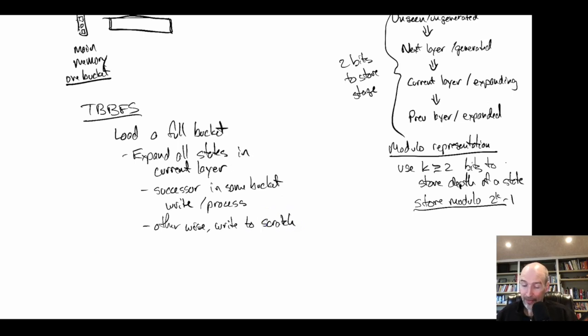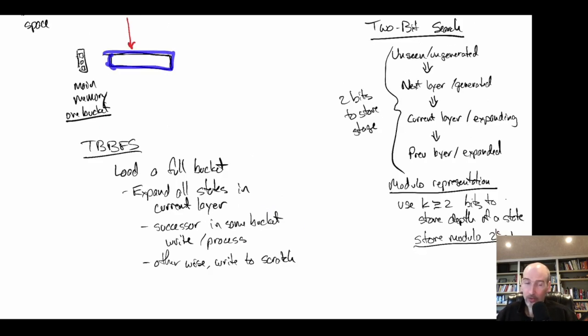Now, all the stuff in memory is fine. This writing to scratch, we're just dumping to scratch, so it's just writing files out. They may be duplicates, they may be new states. We don't care. We're just writing them to disk. And because we're writing big chunks just to disk sequentially, that's going to be a very fast, very efficient process.